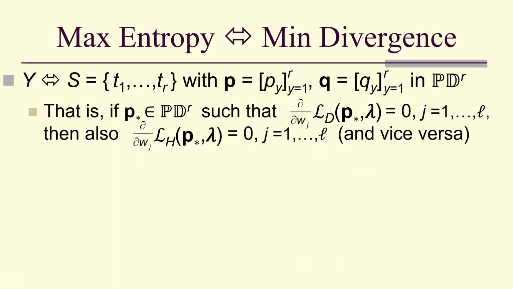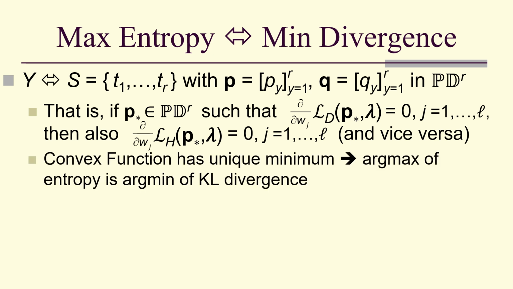If p star is in the set of probability distributions in R space, if the derivative with respect to w sub j, the jth component of the weight vector, of the KL divergence Lagrangian is 0 at p star, then the derivative with respect to w sub j of the Lagrangian for entropy at p star is also equal to 0.